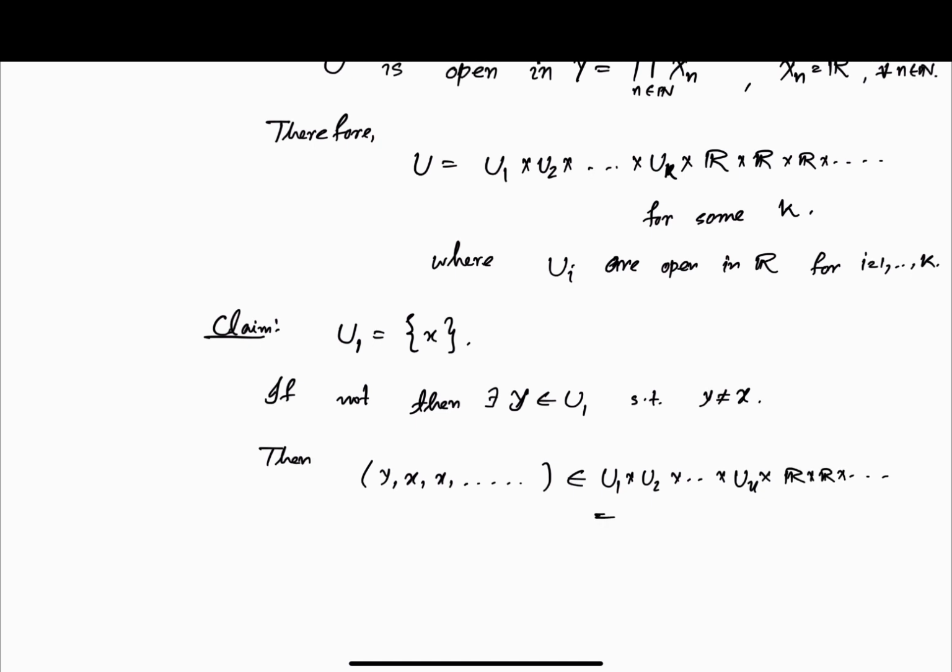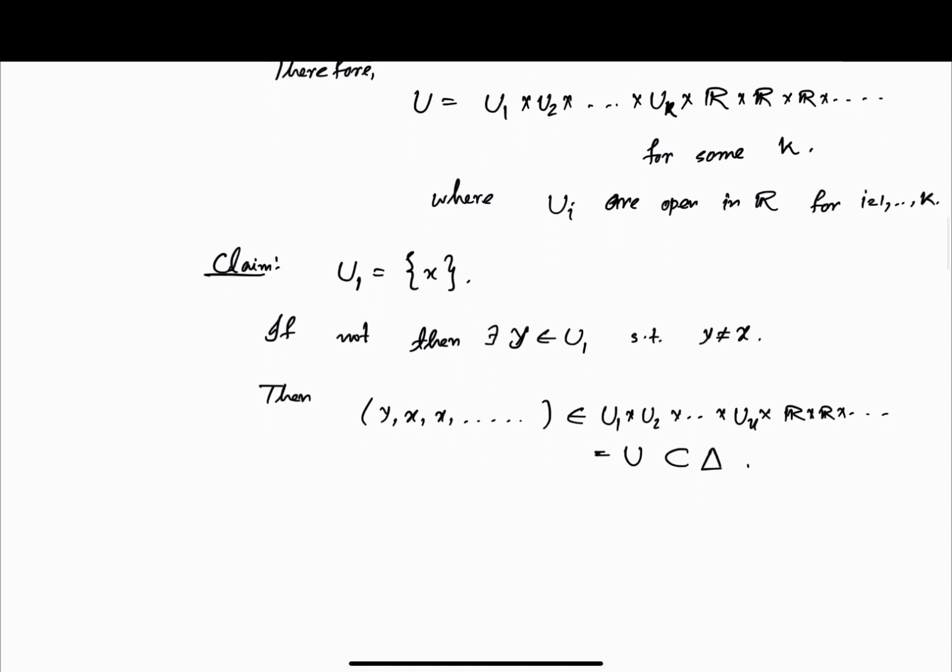So this is the U, which is contained in Delta. But this type of point is not contained in Delta.